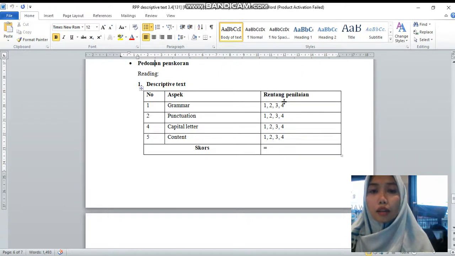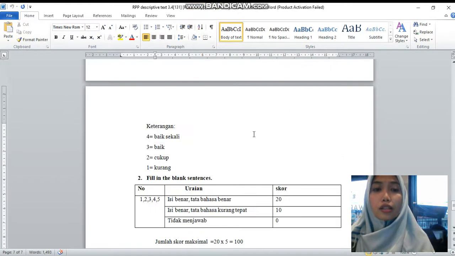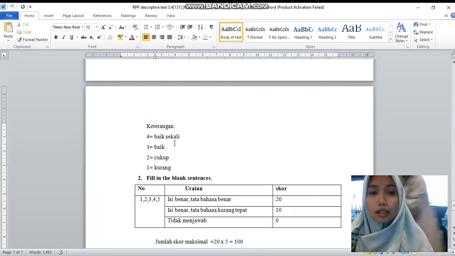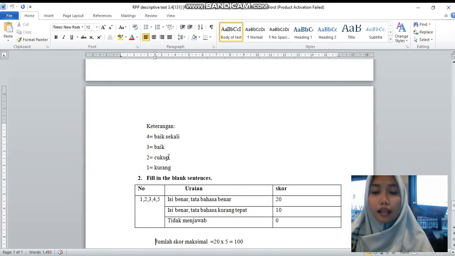So this has a number of scores. If the student gets 4, it is very well. If the teacher gives 3 points, it is well. And if 2, less, and then 1.